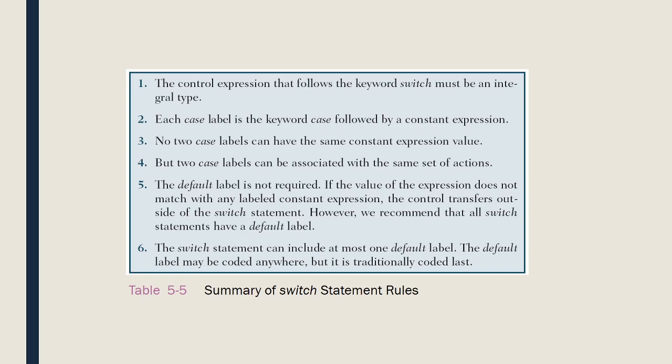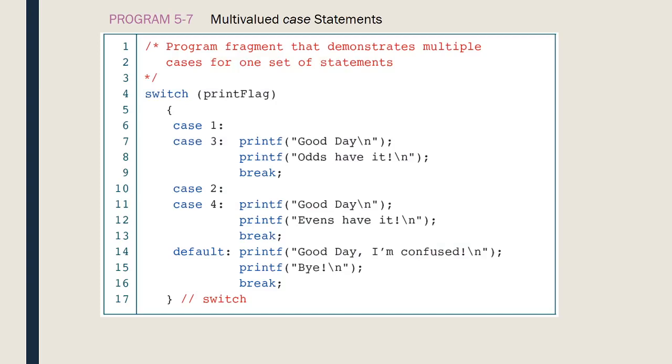Rule number 6, the switch statement can include at most one default label. The default label may be coded anywhere, but it is traditionally coded last. As shown in this one, the default label is coded at the last.